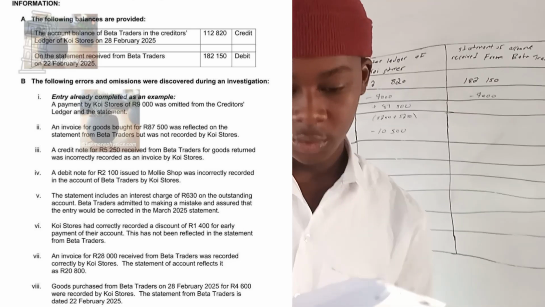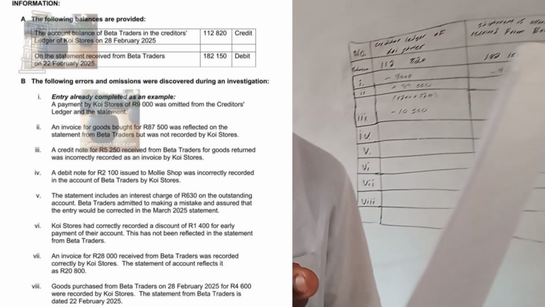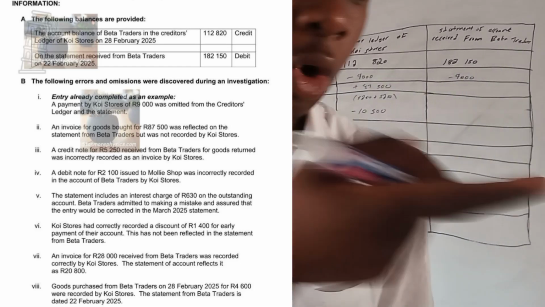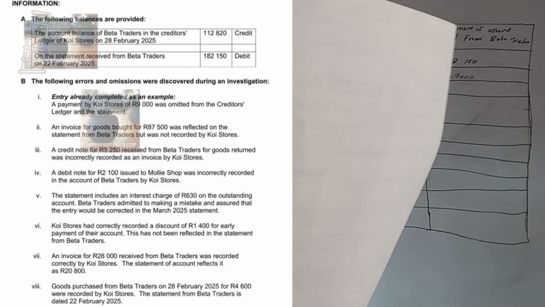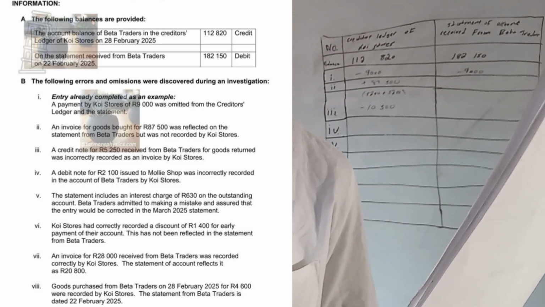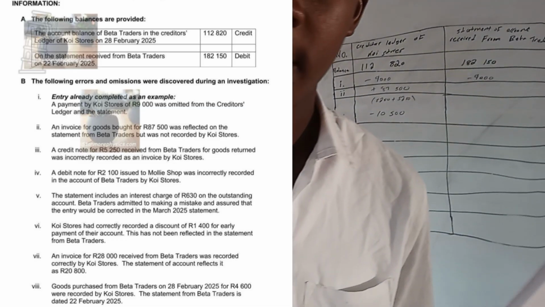So they're saying that a debit note for 2,100 was issued to Molly Shop and was incorrectly recorded. It was issued to Molly Shop, not Beta Traders. We made a debit note. We returned goods to Molly Shop, but we made a mistake by recording it in the statement for Beta Traders.